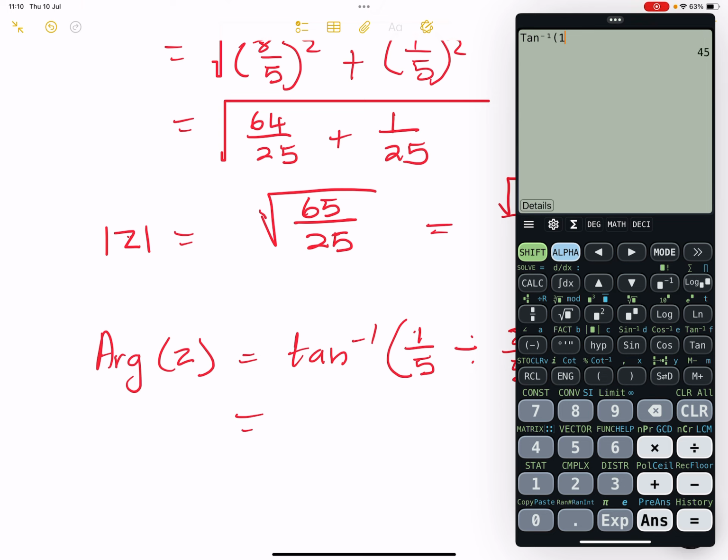That's 1 over 5 divided by 8 over 5. All right, and ladies and gents, we get that to be 7.1. Okay, I'm going to leave it as that, so that's 7.1 degrees, and that's how we will get that argument.